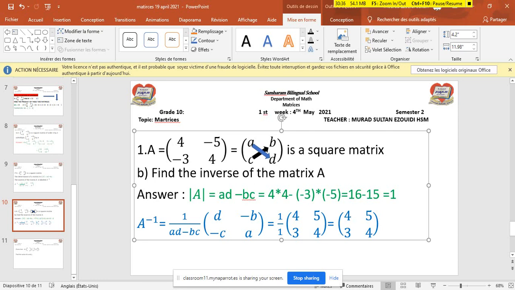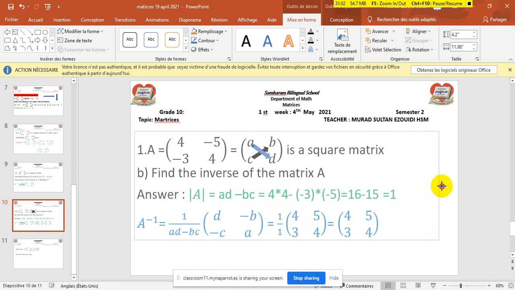This part is a part of your lesson today, and it's a part of the final exam. Don't be surprised when you see this exercise in your final exam.